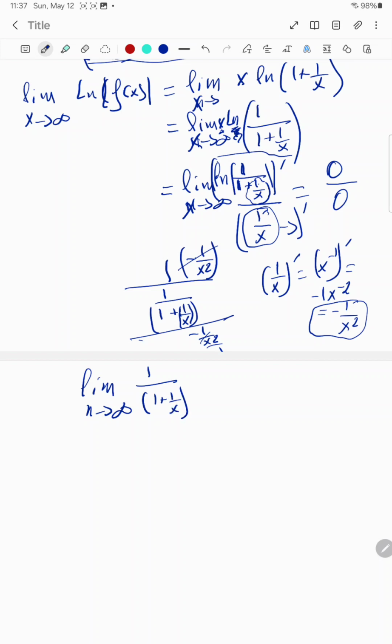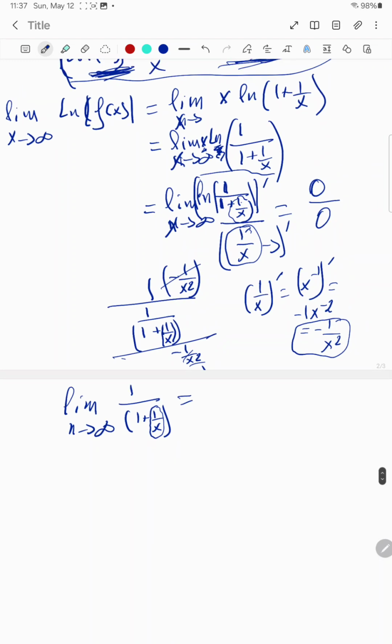Okay. So when x goes to infinity here, 1 over x goes to 0, and my limit would be equal to 1.